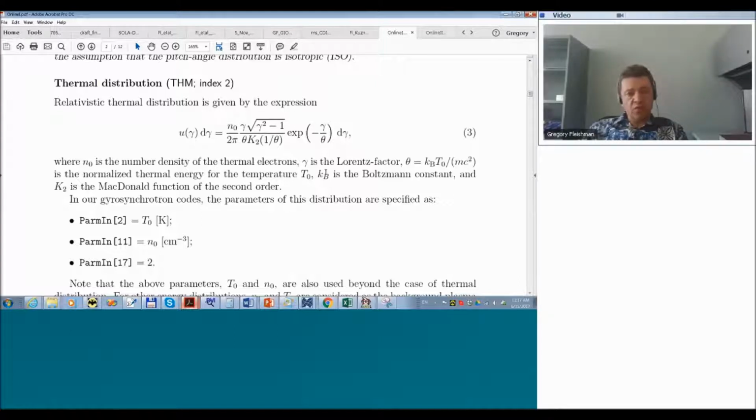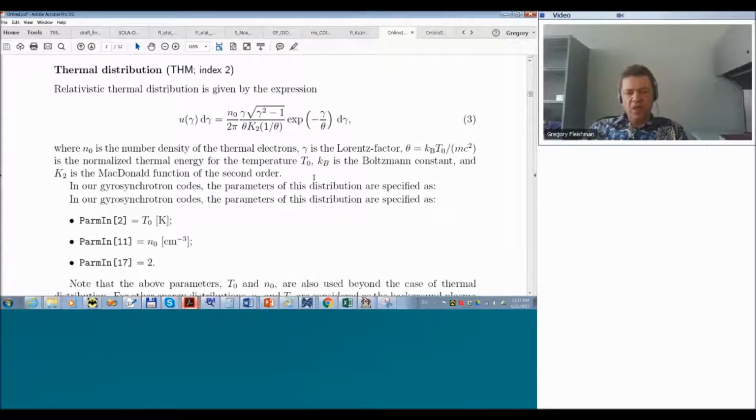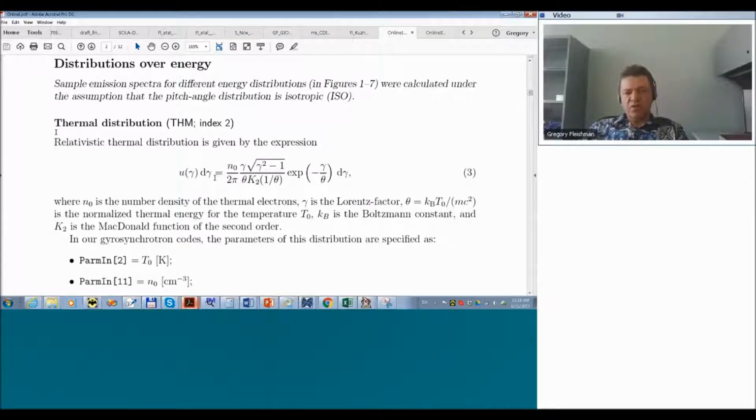If they are not, you ask me, and likely I will explain what it is. So we have thermal distribution, and each distribution has its own index to be distinguished in the code, and to be distinguished when the code is being called by the user.